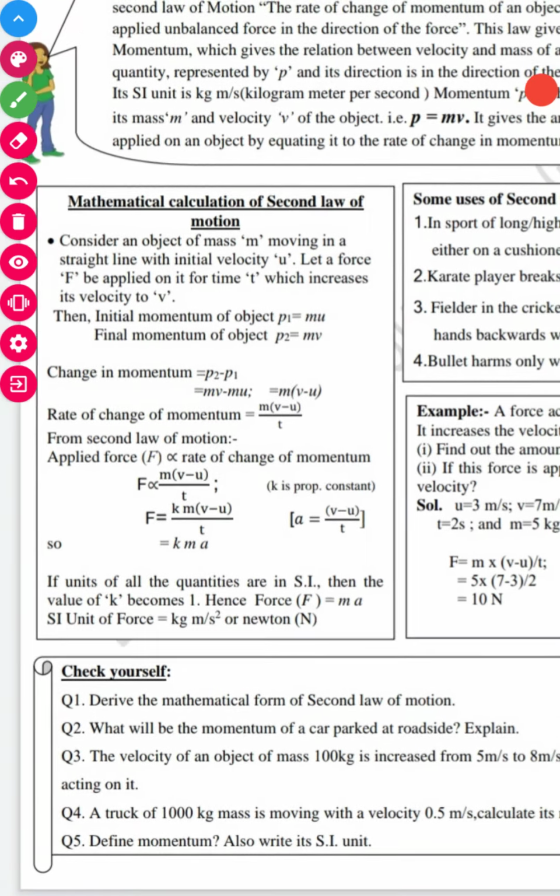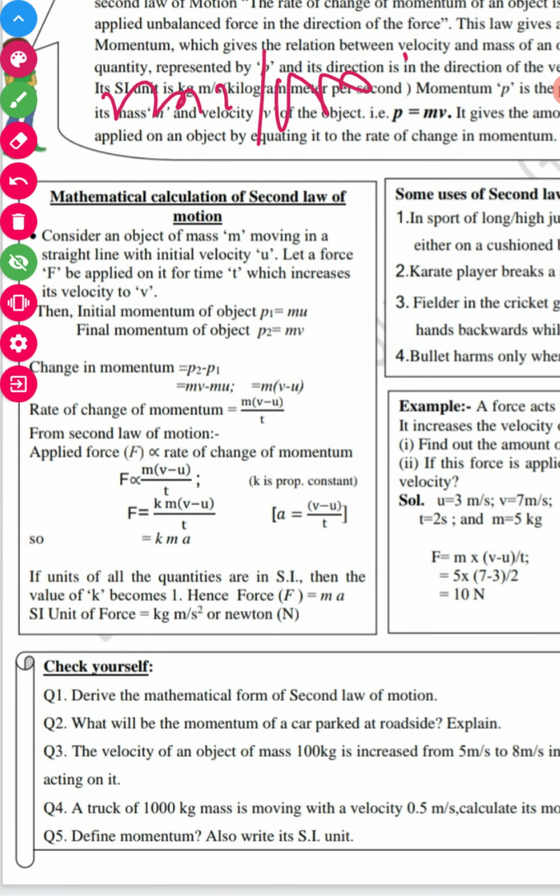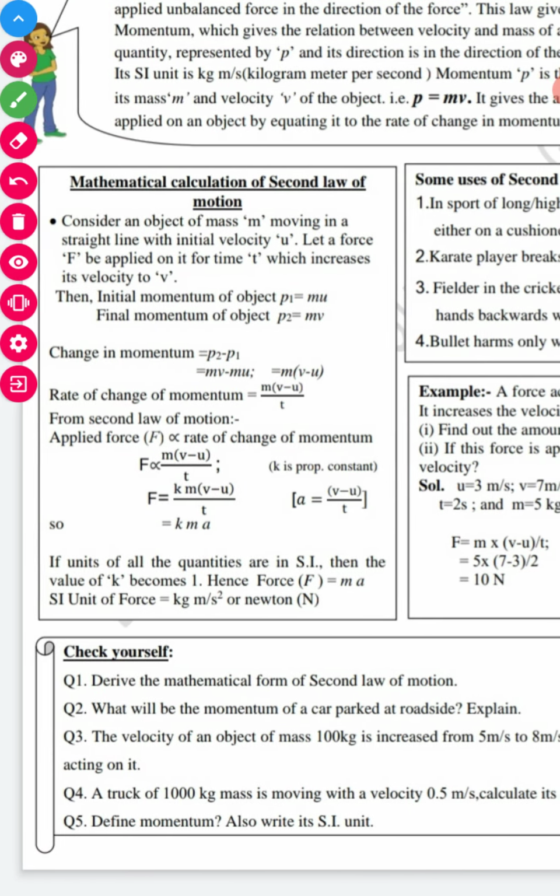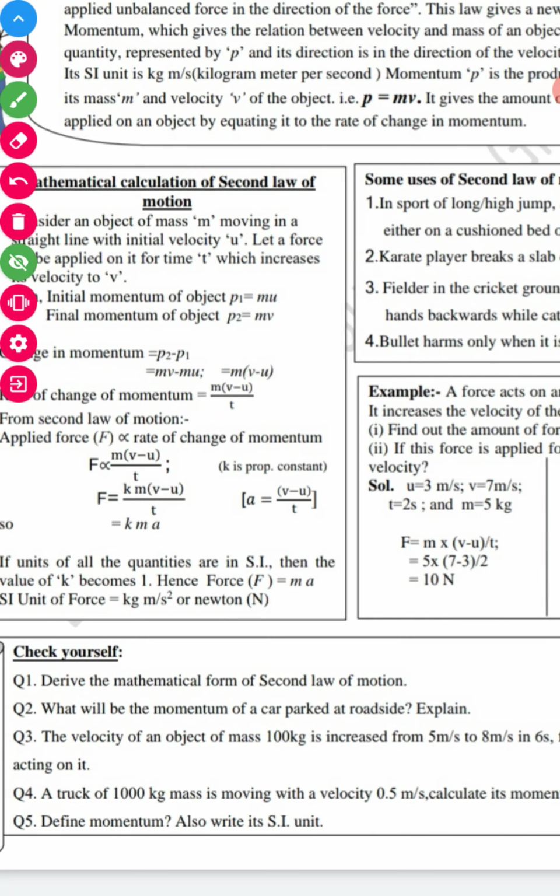Fourth, we have a truck of mass m equal to 1000 kilogram moving with a velocity v equal to 0.5 meter per second. Calculate its momentum.